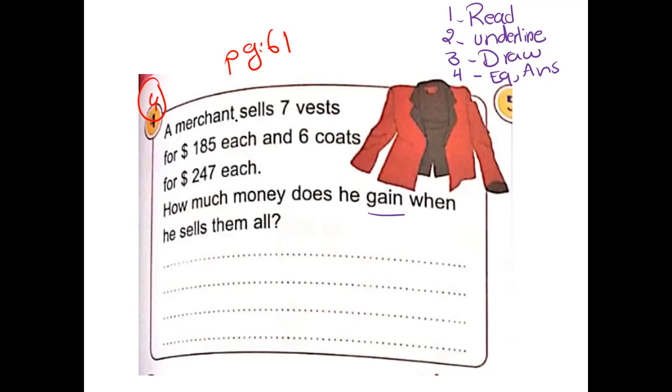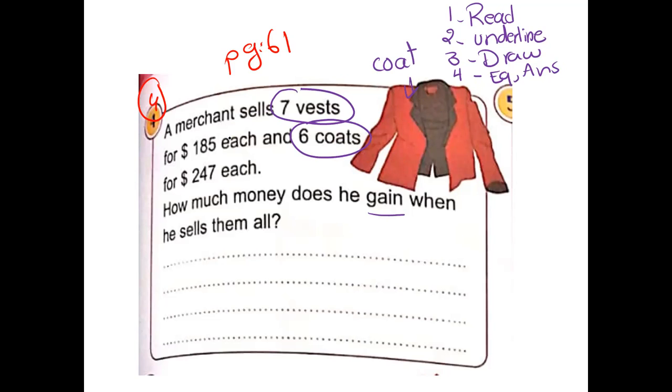Here, this merchant sells 7 vests. So now I will underline, or let's circle. He sells what? Vests and coats. How many vests? 7 vests. How many coats? This is the coat. How many coats from these does he sell? 6 coats.